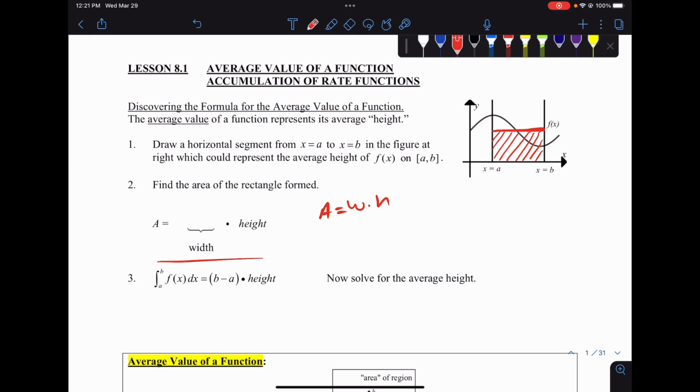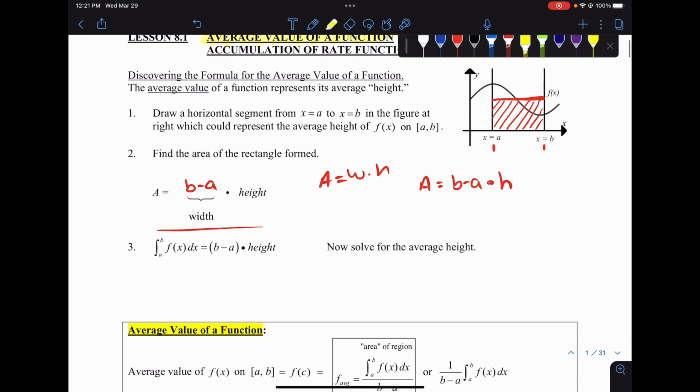What I do know is the area, maybe. Well, we'll find the area another way, but the width of that rectangle goes from a to b, so the width is going to be b minus a. So my function for the area of that rectangle would be b minus a multiplied by whatever that height is. Okay, so they use that idea to come up with the equation of an average value of a function.